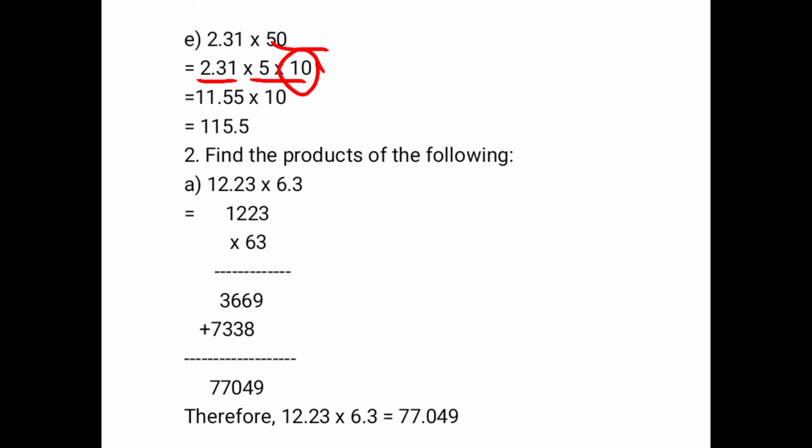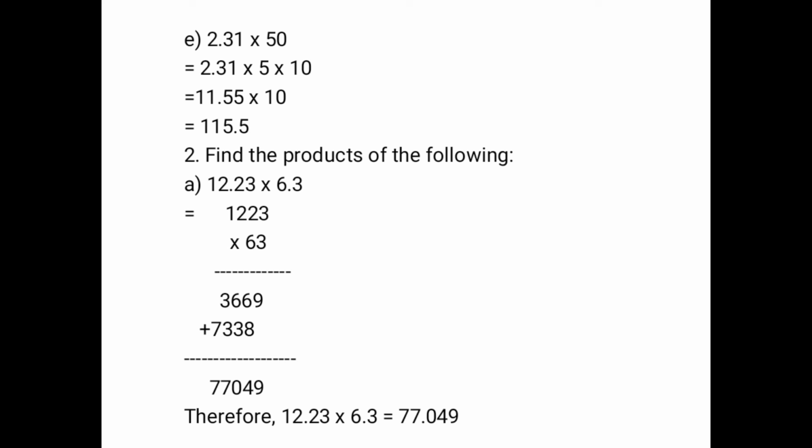Now you multiply 5 into 2.31: 5 ones are 5, 5 threes are 15, 1 in hand, 5 twos are 10 plus 1, 11, so it will become 11.55. Now if we multiply it by 10, there's 1 zero, so the decimal place will go 1 digit to the right-hand side. That means 11.55 will become 115.5.